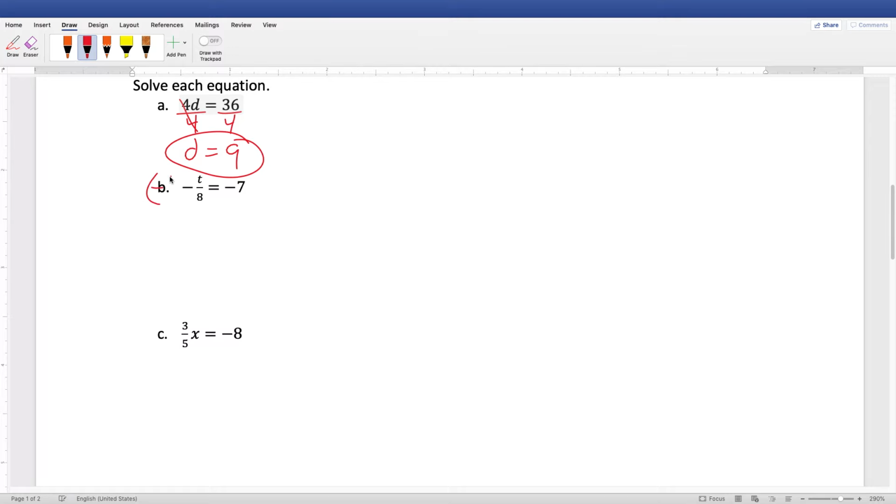When I multiply the left side by negative 8, and then I multiply the right side by negative 8, my negative 8s cancel, and I'm left with t is equal to negative 7 times negative 8, which gives me a positive 56.